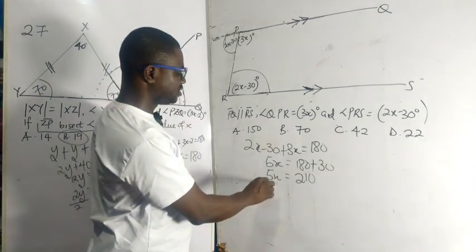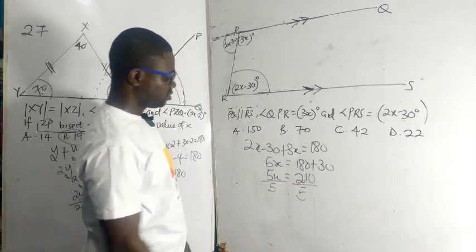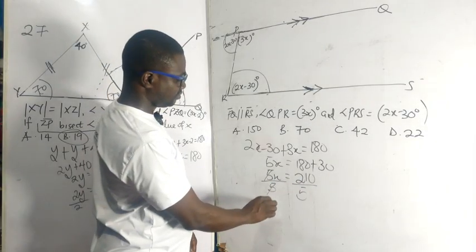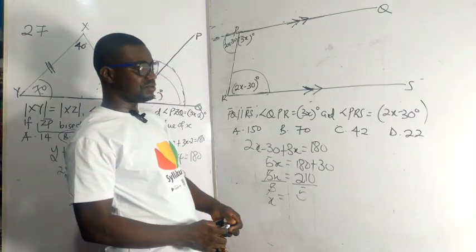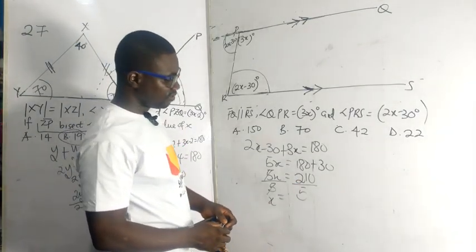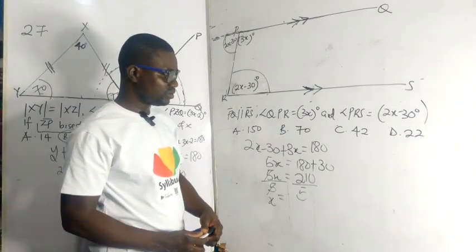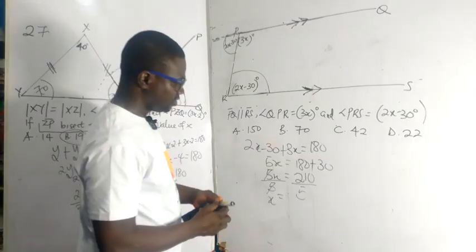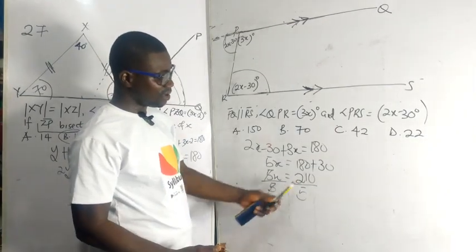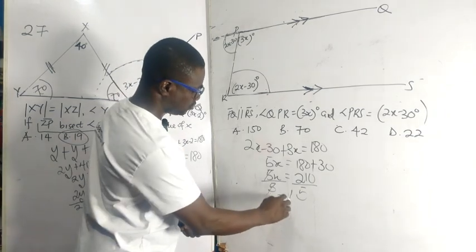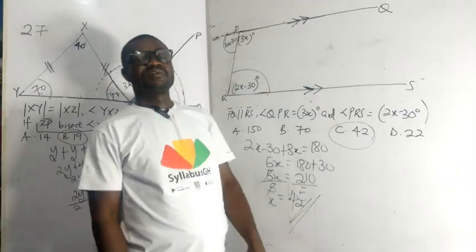Let's do our division. 210 divided by 5 is going to give us the value, which is 42. And our answer is C.